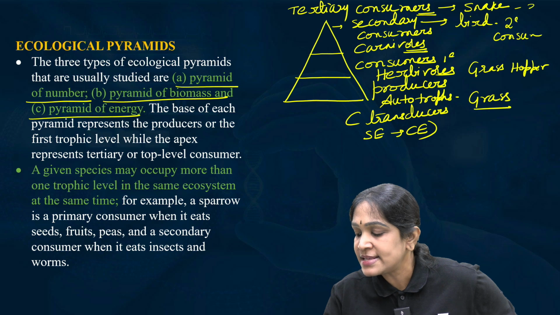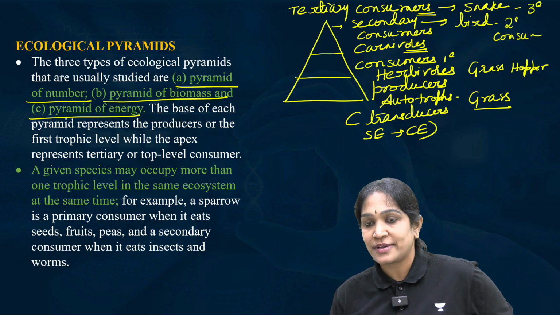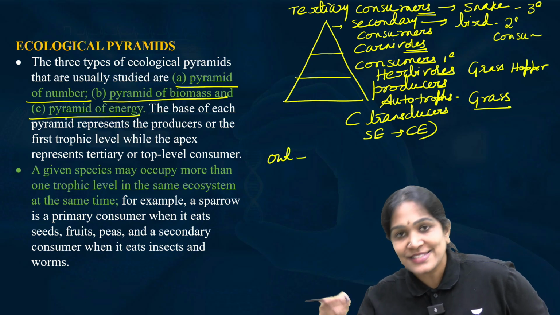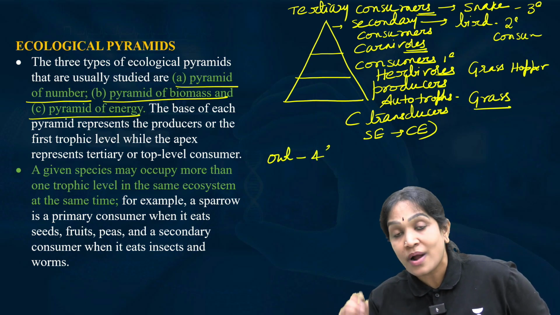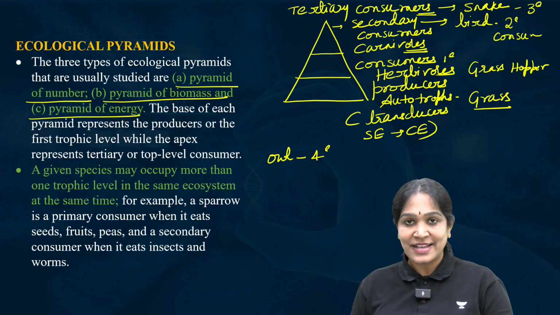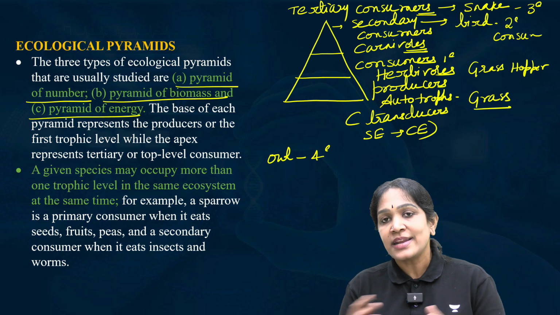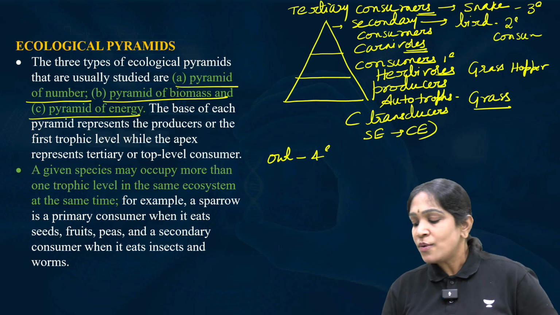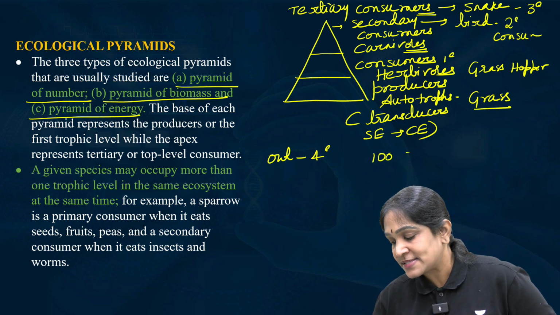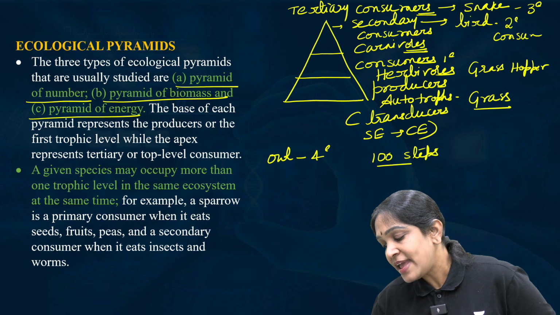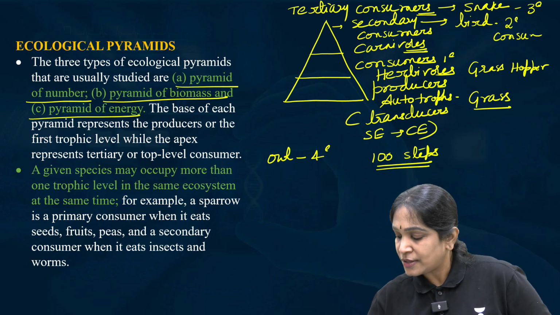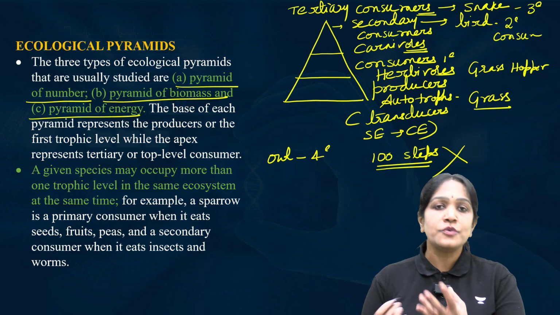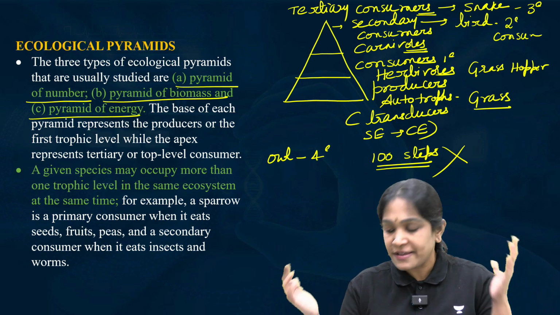That should be called the tertiary consumer. Then what should you call the owl which is consuming the snake? That should be called the quaternary consumer. Is it clear? So like this you can have many steps. But can you have 100 steps in one ecological pyramid? Not possible. Maximum you will have a few steps, 3 or 4 or 5.